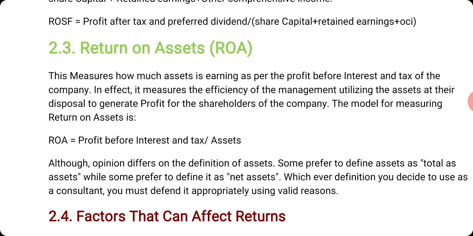And the formula is profit before interest and tax over assets. However, there are different variations of assets definition. Assets can be defined as total assets or net assets. As an analyst, you are at liberty to use any of these, but you must defend and give reasons why the one you've chosen is more appropriate in your analysis.